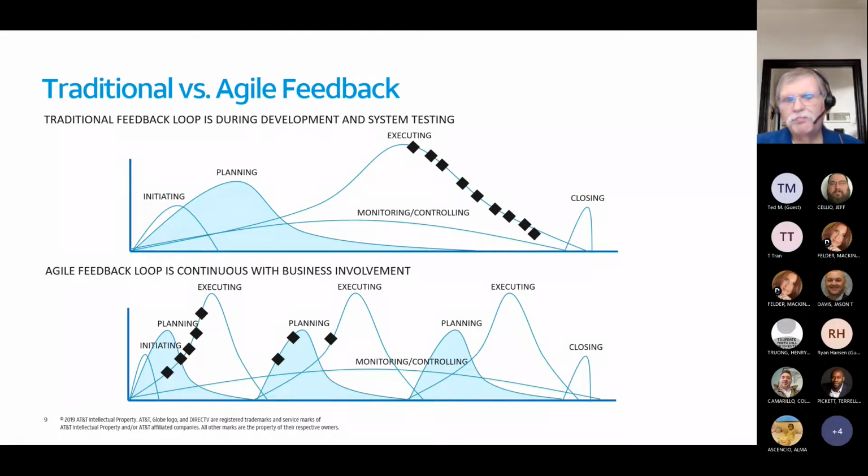Okay. So the testing feedback loop in a traditional project is in the downside of the executing phase. If you remember the waterfall diagrams, you have a V that's determined all the way from requirements through deployment.